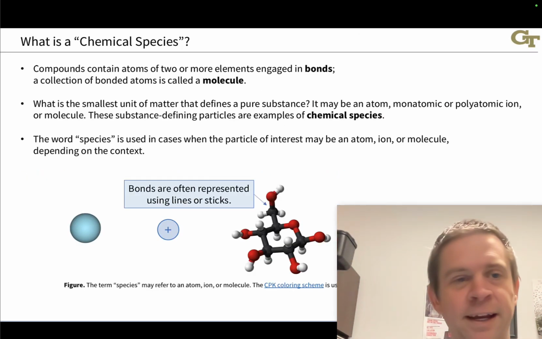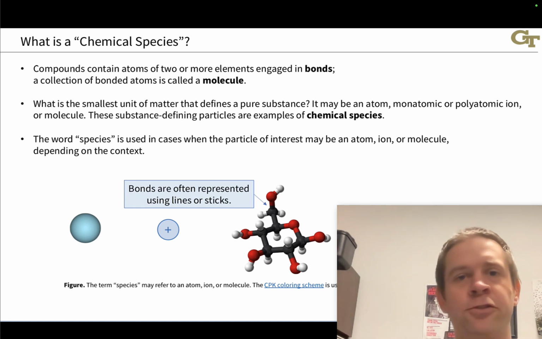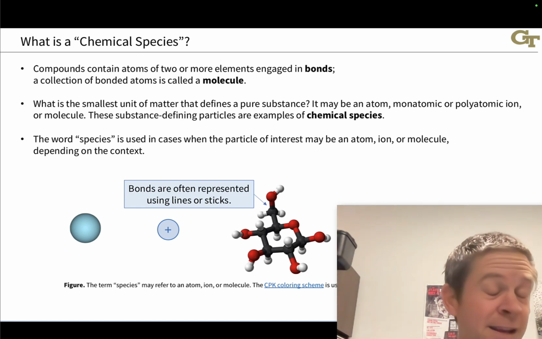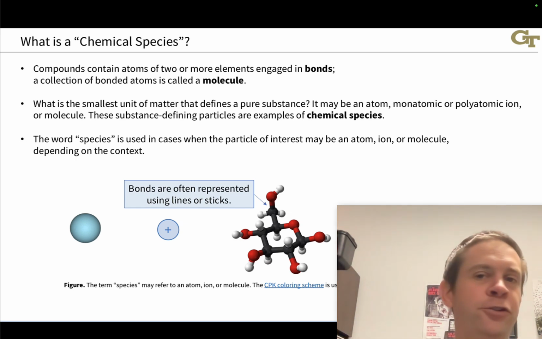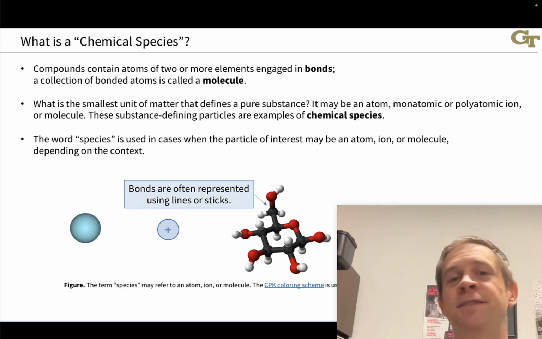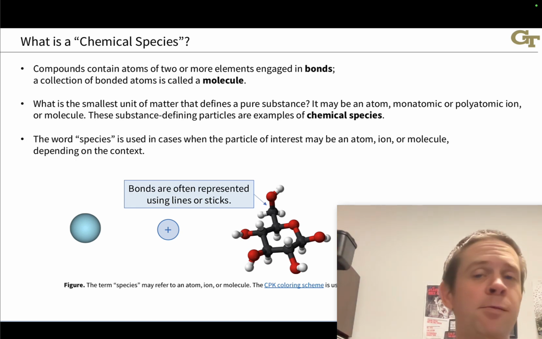So, if we get right into it, let's begin with this question: what is a chemical species? We typically use this term chemical species when we're thinking about very, very general principles. And this is very common in introductory chemistry.